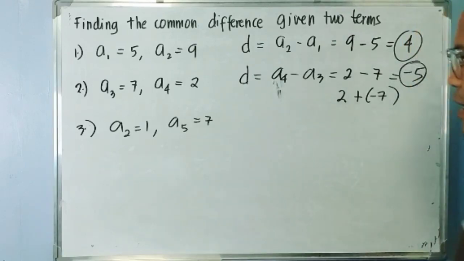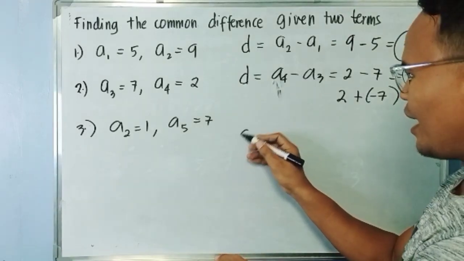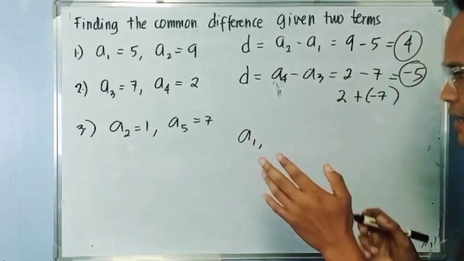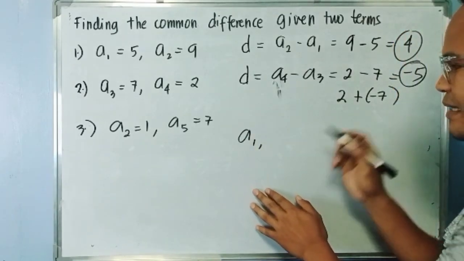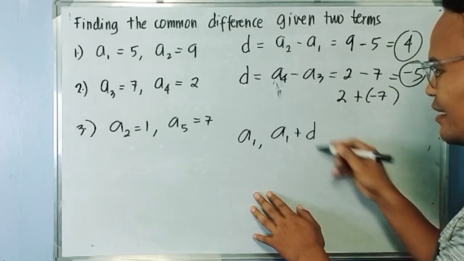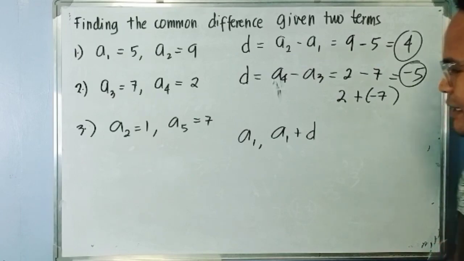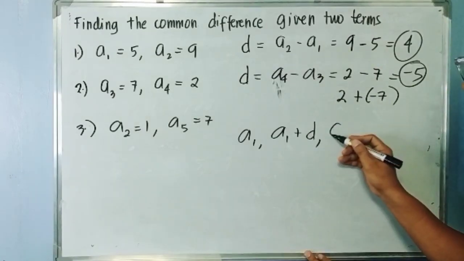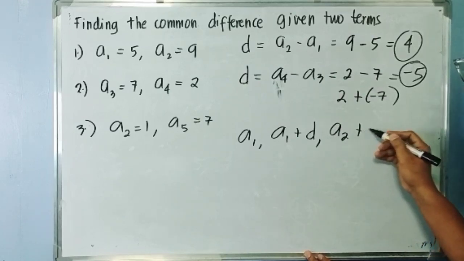idea earlier that if we have a sub 1, we can get a sub 2 by adding a sub 1 and the common difference d. Now we can get a sub 3 by adding a sub 2 plus d.